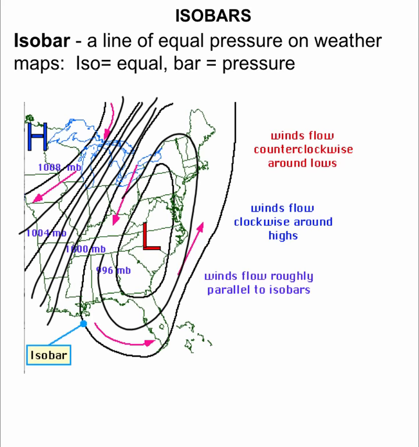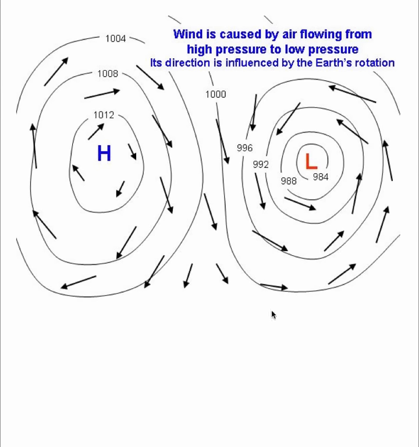So when they're blowing from high to low, you can see here on these arrows, right? They're flowing out clockwise, and they gradually transition over into these different lanes. They don't blow directly from high to low, but they swirl out kind of like this due to the Coriolis effect. So wind is caused by air flowing from high pressure to low pressure.